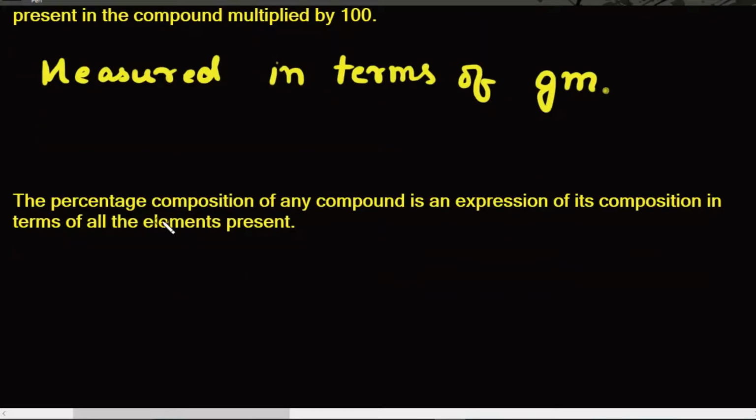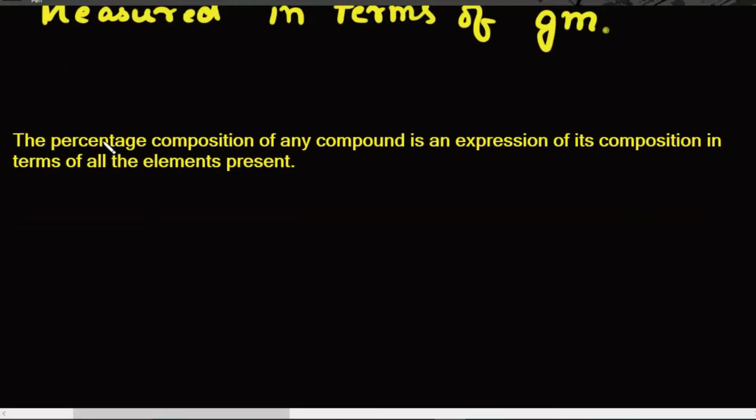So theoretically, the percentage composition of any element is an expression of its composition in terms of all the elements present.